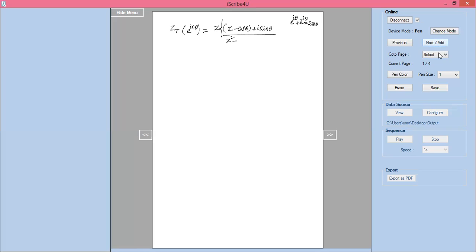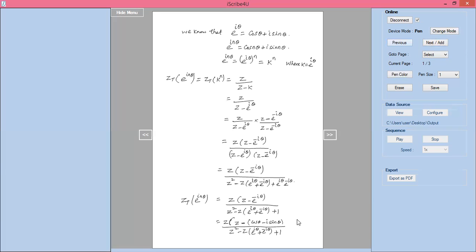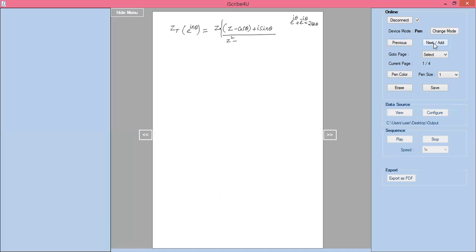So we know that e power i theta plus e power minus i theta is nothing but 2 cos theta. That one only I will write: minus 2z into cos theta plus 1.